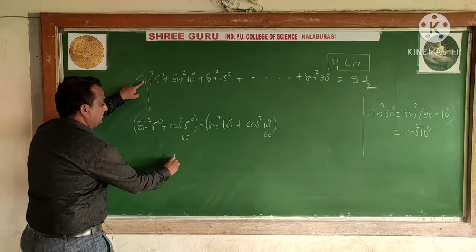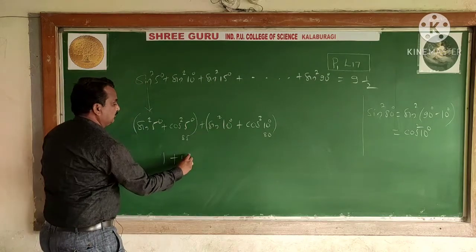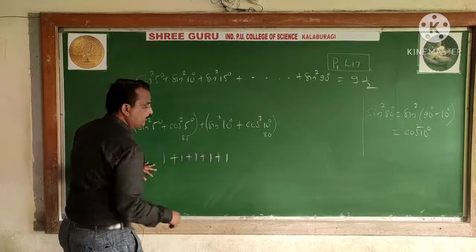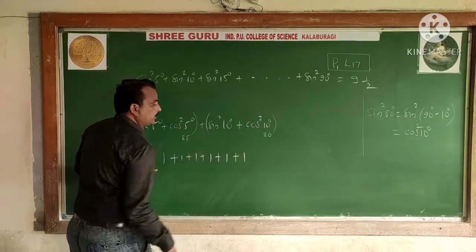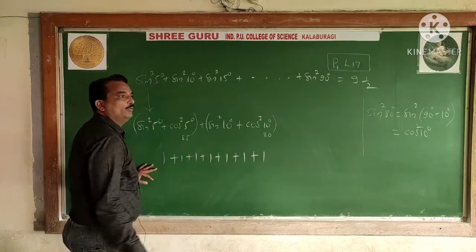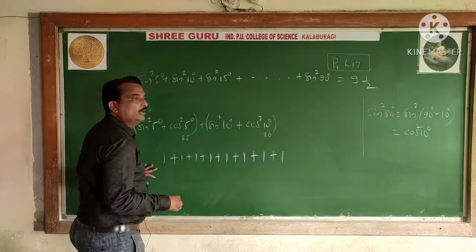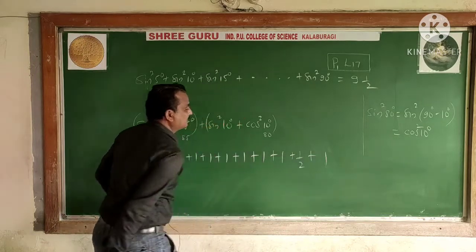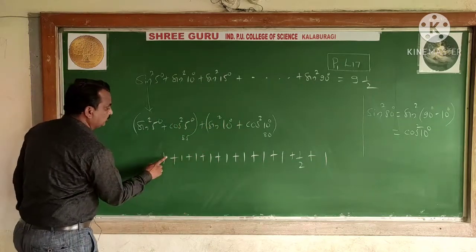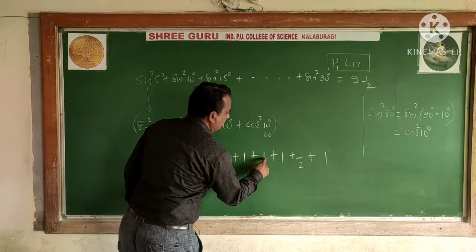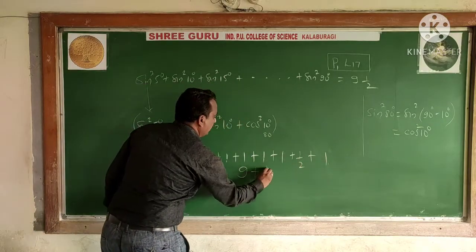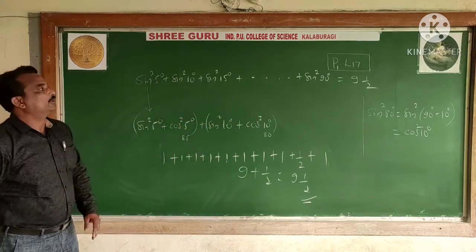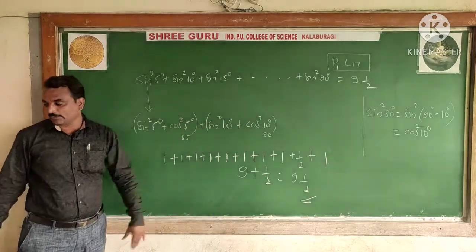So 5, this is the 10, and this is 15, 20, 25, 30, 35, 40, and what remains? 45, square of that one, 1 by 2, and this is the sin 90. Like that, these are the 9 ones: 1, 2, 3, 4, 5, 6, 7, 8, 9. 9 plus 1 by 2, so it can be 9 1 by 2. So this is the way of the calculation of such an example.